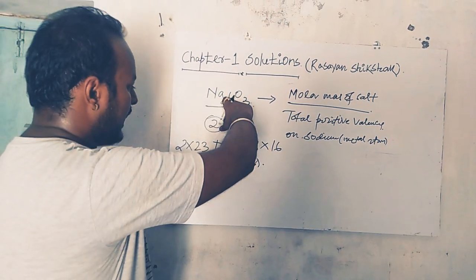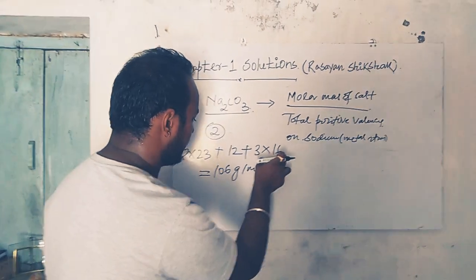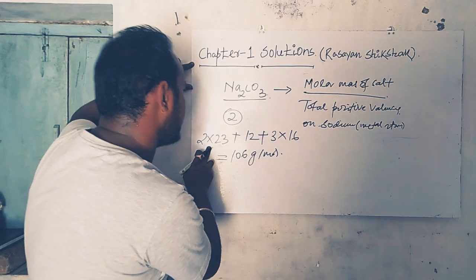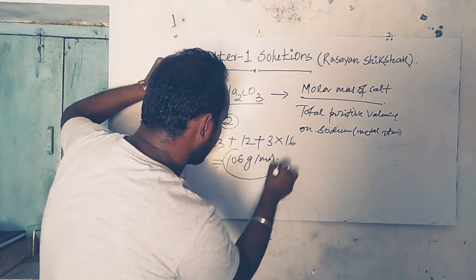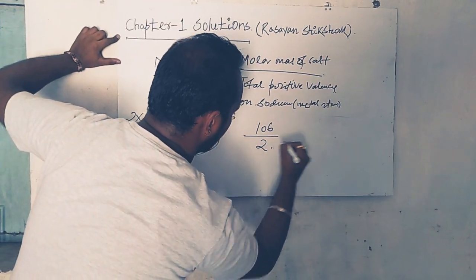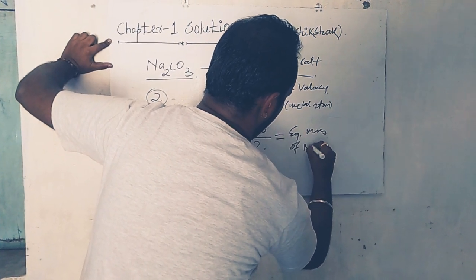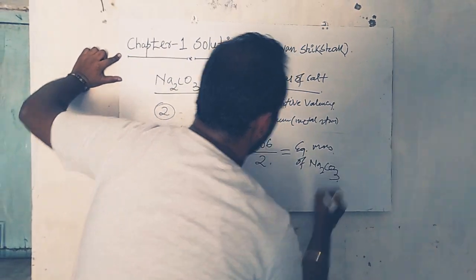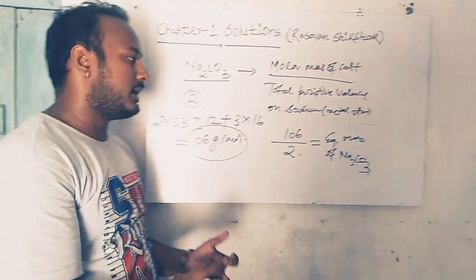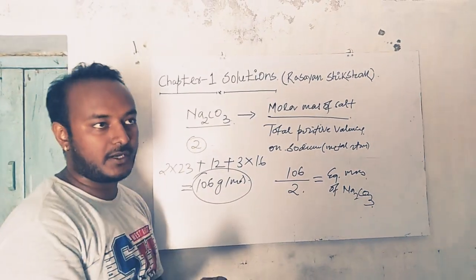So you need to divide 106 by 2 to get the equivalent mass of Na2CO3. So the equivalent mass is totally a new term for you, and the equivalent mass for different types of substances is calculated in different ways.